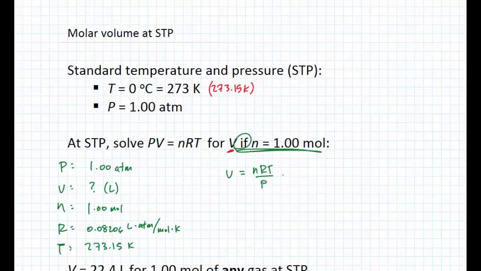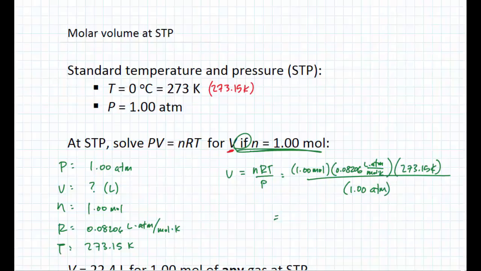nRT over P. So 1 mole, 0.08206 liters, atmospheres, moles, Kelvin, 273.15 Kelvin. P, in this case, 1 atmosphere.